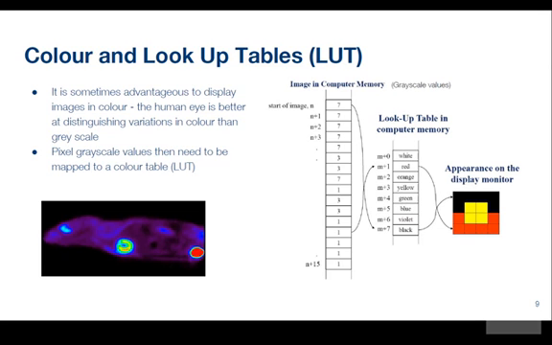Okay. So how do we actually use this? We can convert any image to any color scale we want. We just have to have what we call a lookup table that maps the grayscale values to the color scale that we want. Now, for nuclear medicine images like this, we quite often use blue as the lower end, red as the upper end, the cold-hot color table.